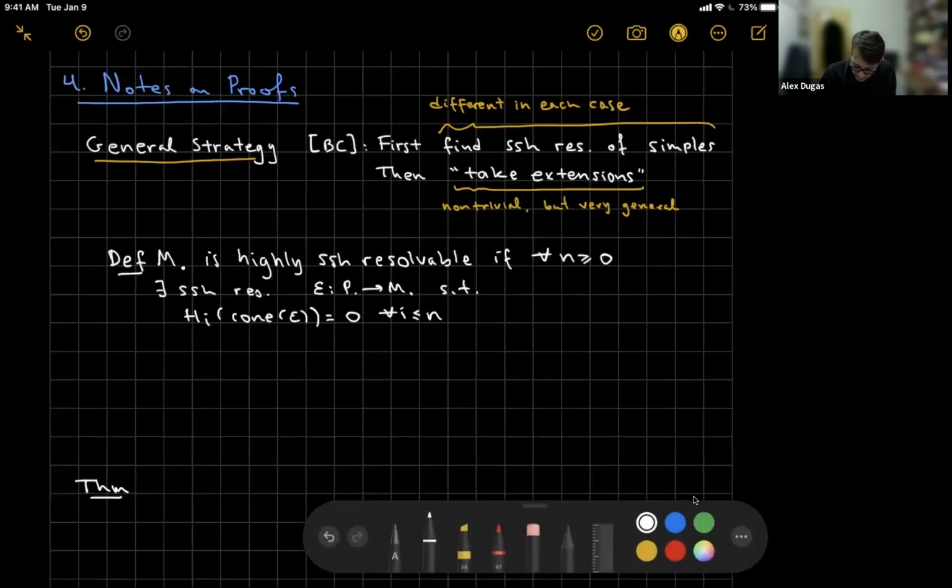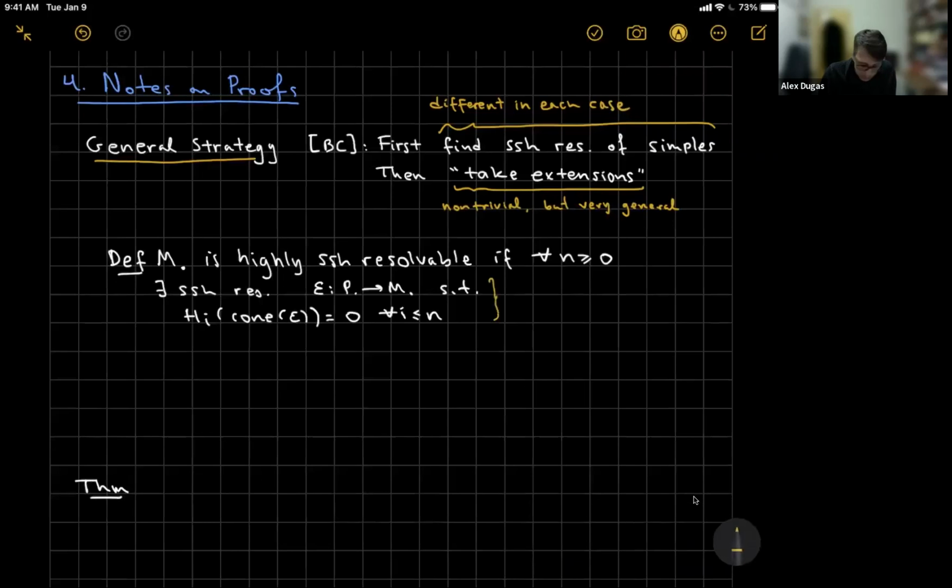So in other words, what's happening here is that this SSH resolution P initially coincides with the usual projective resolution for M, up through degree n, and then after that, it can have some non-zero homology.